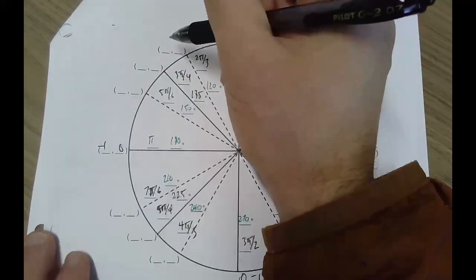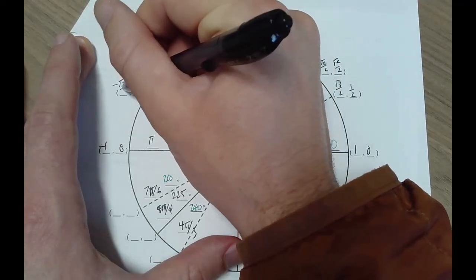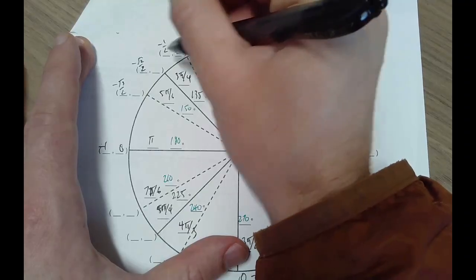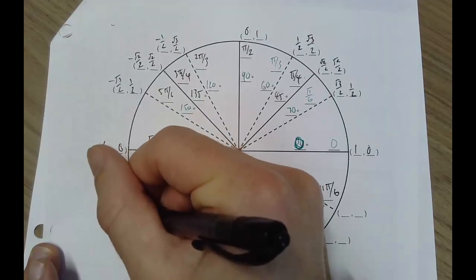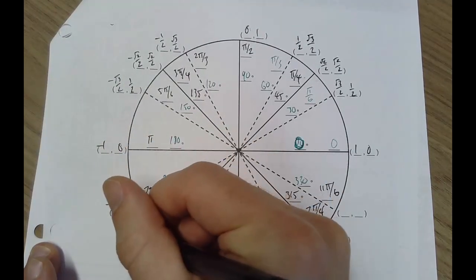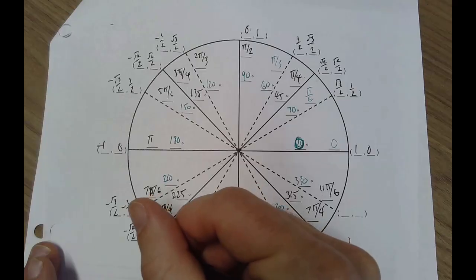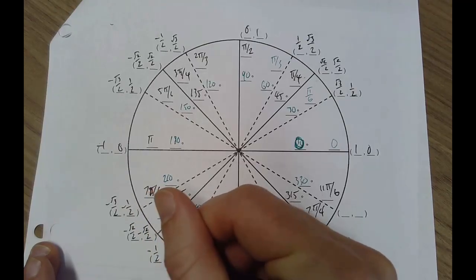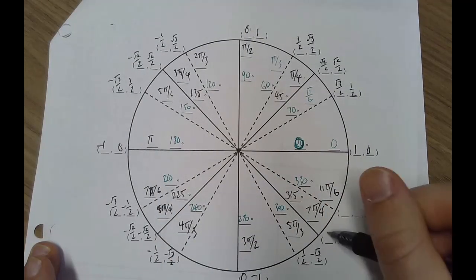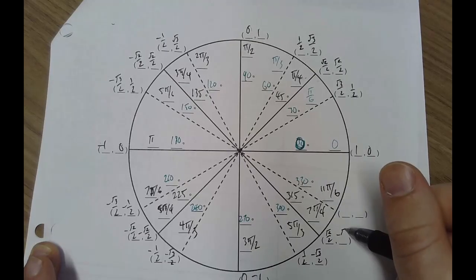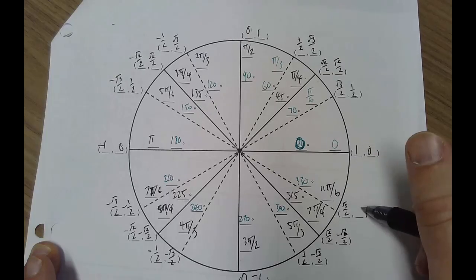So here, negative 1/2, negative root 2 over 2, negative root 3 over 2, root 3 over 2, root 2 over 2, 1/2, then negative root 3 over 2, negative 1/2, negative root 2 over 2, negative root 2 over 2, negative 1/2, negative root 3 over 2, 1/2, negative root 3 over 2, root 2 over 2, negative root 2 over 2, and then root 3 over 2, negative 1/2.